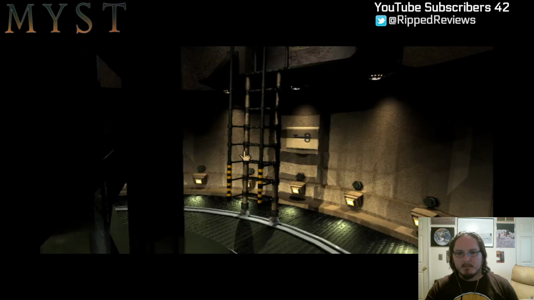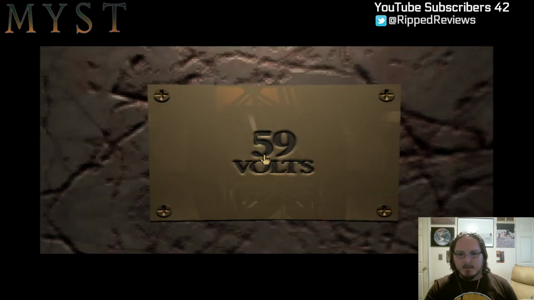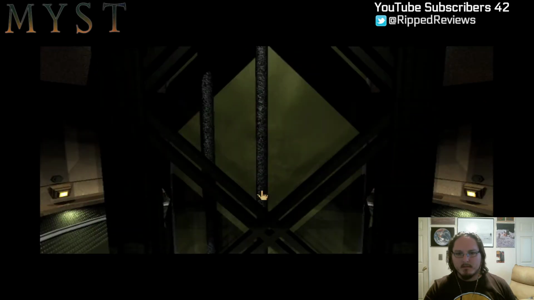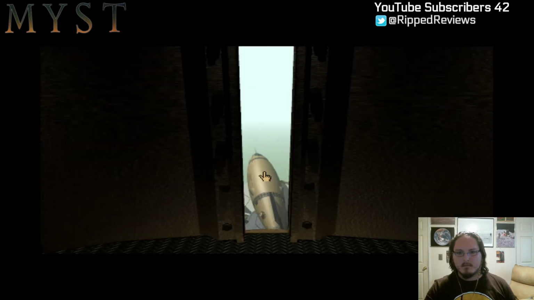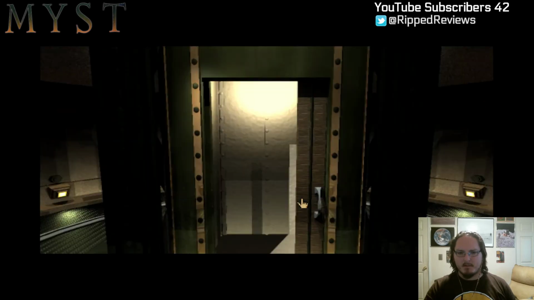Okay. The key. 59 volts still, it just says that. Maybe the spaceship works now.